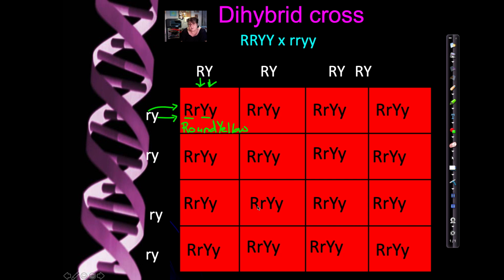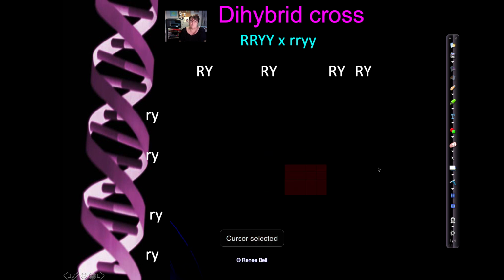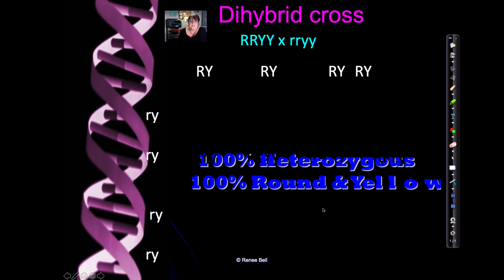So every one of these offspring are going to be round and yellow, which is going to make us have what we would say as 100% heterozygous and 100% round and yellow. So this heterozygous is our genotype and round and yellow is our phenotype.